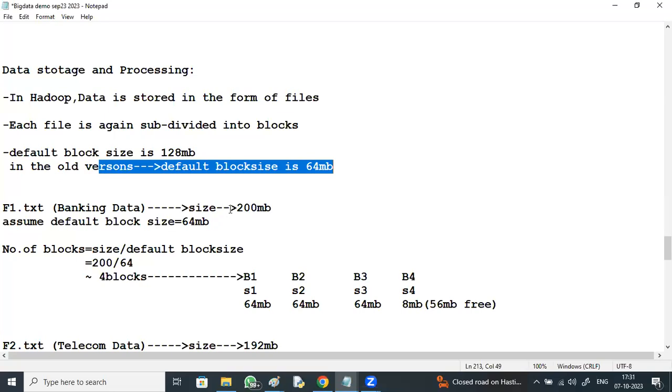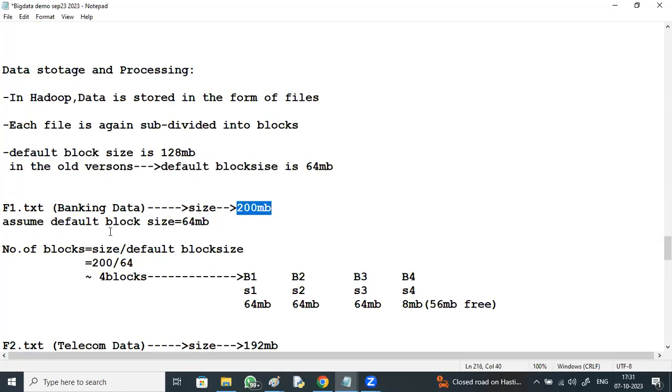Take F1.txt, whose size is 200 MB. Assume the default block size is 64 MB. This 200 MB file will be divided into 64 MB blocks.